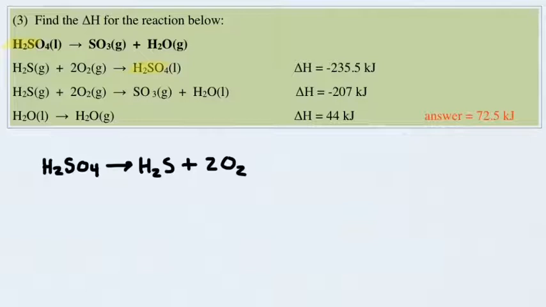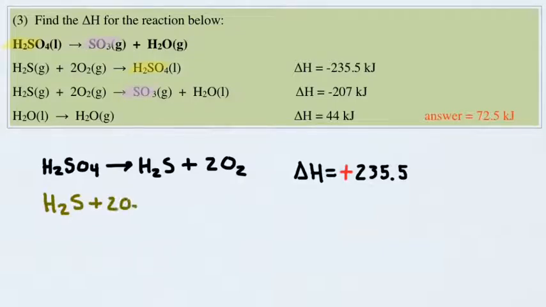So I'm going to flip this reaction, and we're turning, in that case, an exothermic reaction into an endothermic reaction, which means that we need to change the sign on the enthalpy value, or the heat value that's shown on the right. So we're changing that to a positive sign. In the second reaction, we see sulfur trioxide, which is exactly in the spot we need it.